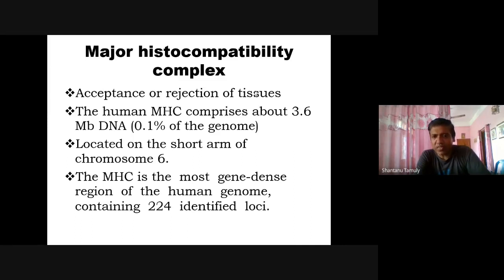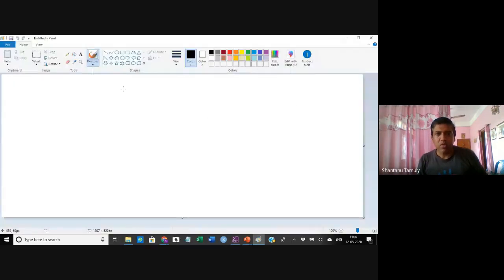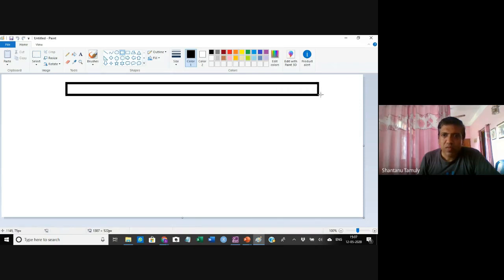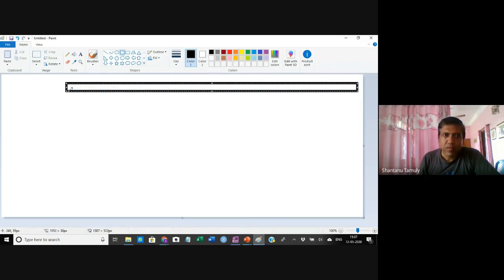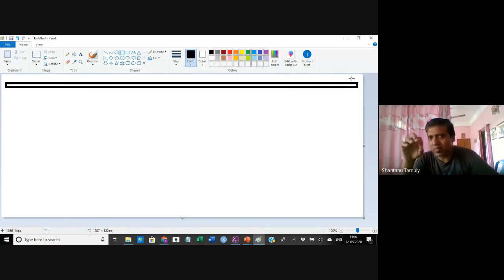Now what is meant by gene dense region? Let me open a whiteboard. Supposing that this is the DNA, or complete genome. Although the mammalian genome is divided into chromosomes, I'm just putting it in one molecule. Let us assume that this is a complete genome.